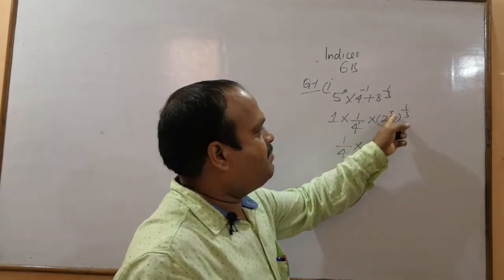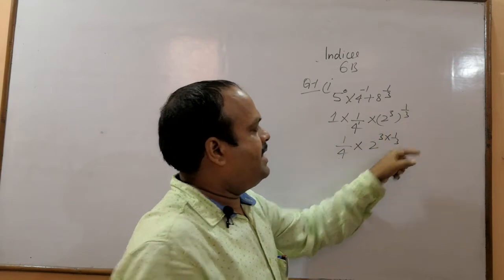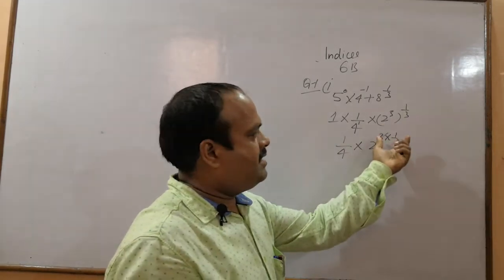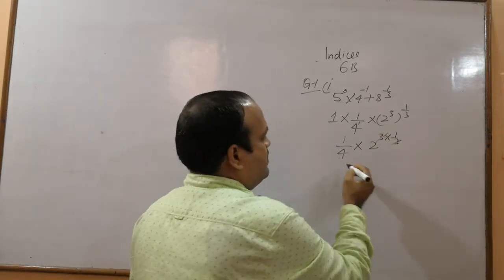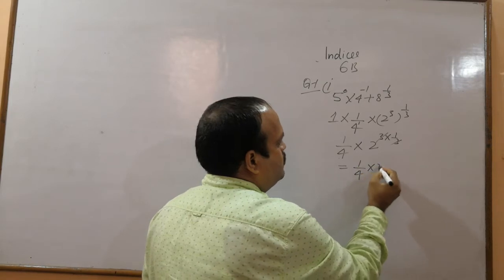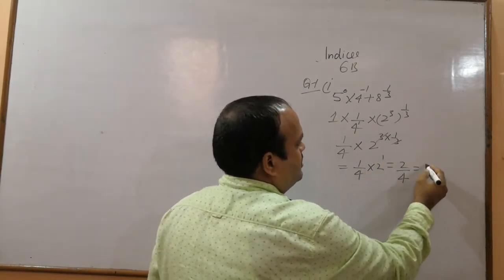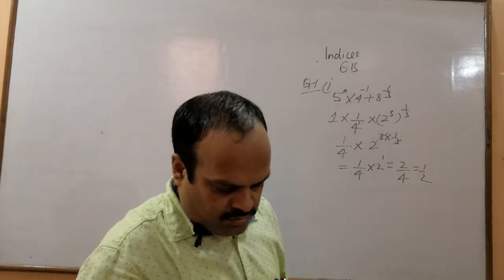Using the power law, we can multiply 3 by 1 by 3. When we multiply 3 by 1 by 3, using the method of fractions, we can cancel out the numerator and denominator here. So we get the result as 1 upon 4 into 2 to the power 1. So 2 upon 4, which becomes finally 1 by 2.